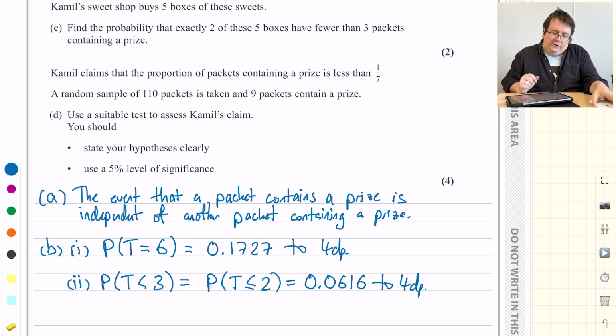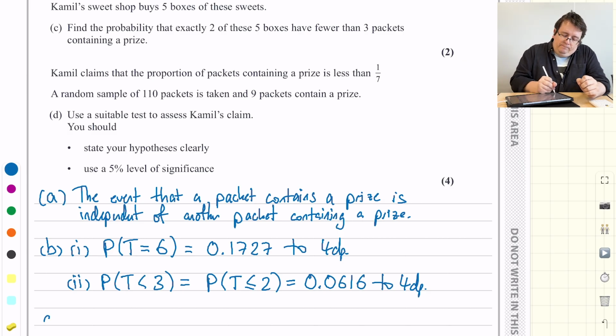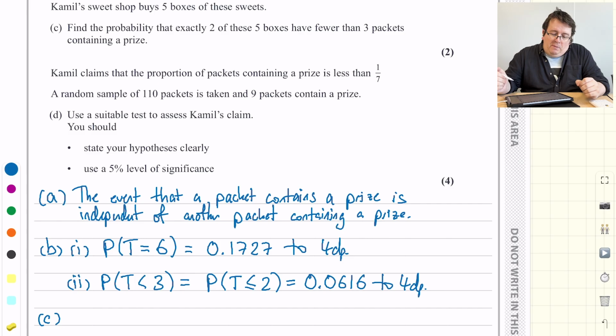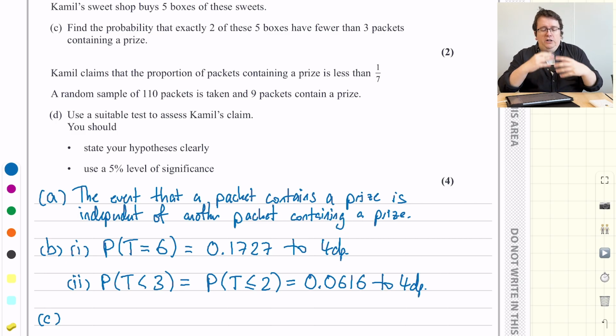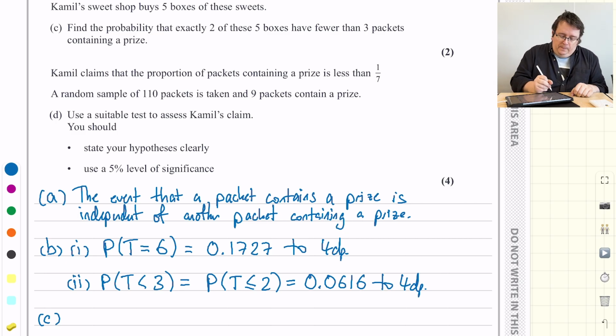Okay, so Camille's sweet shop buys 5 boxes of these sweets. Part C, find the probability that exactly 2 of these boxes have fewer than 3 packets containing a prize. So now we've got a new binomial distribution.